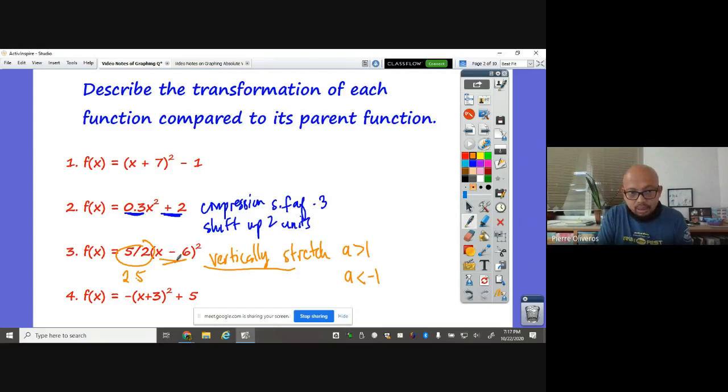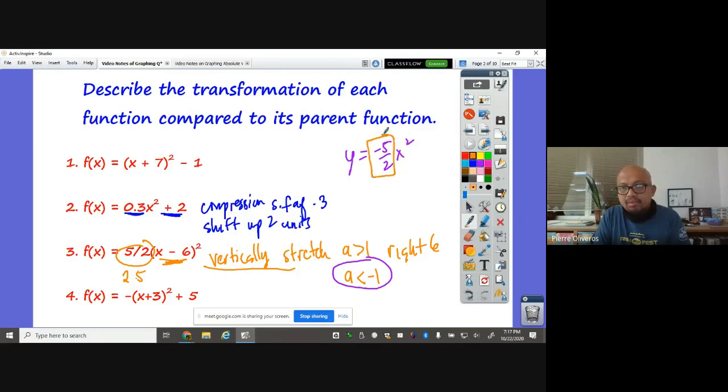The x minus 6 here is telling us it's going to go right 6. To make sure you don't get confused with a less than negative 1, if you have negative 5 halves x squared, it's still a vertical stretch because 5 halves is 2.5. The negative is just telling you that it opens downward, but the numerical value is still 2.5, so it's still narrow, although it opens downwards.